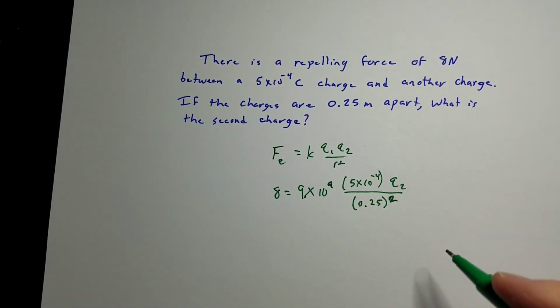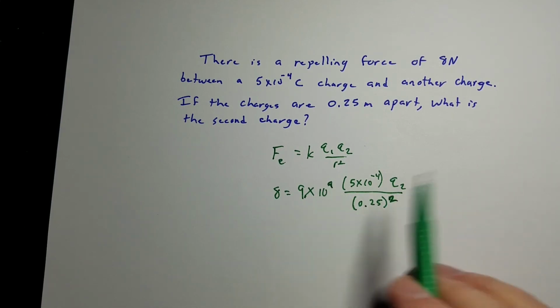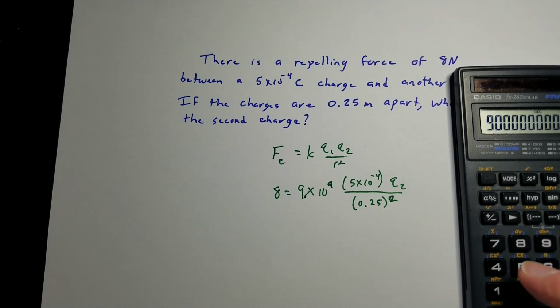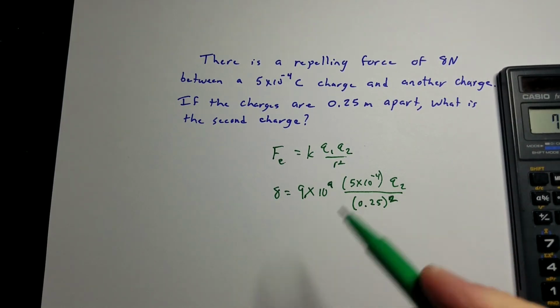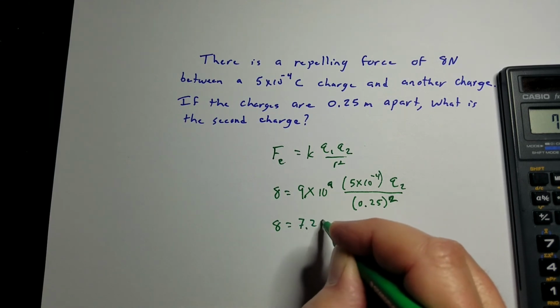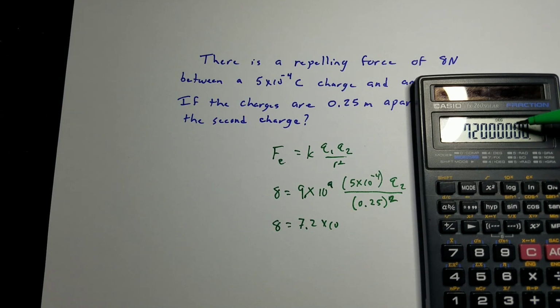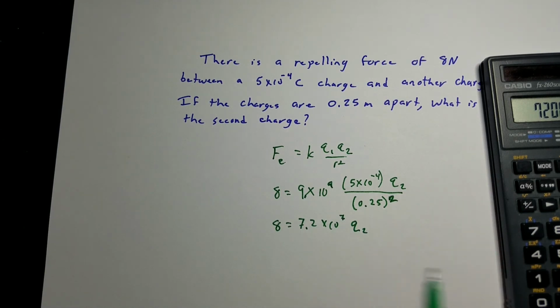All right. Now, a lot of ways you can do this. I'm going to go ahead and do this math right now. So I got 9 times 10 to the ninth times 5 times 10 to the negative 4 divided by 0.25 squared gives me 8 equals 7.2 times 10 to the, let's look at this, 1, 2, 3, 4, 5, 6, 7, 7th power, Q2.